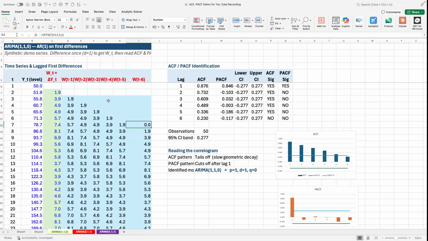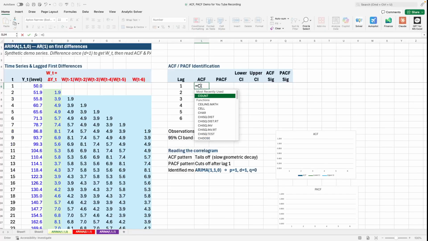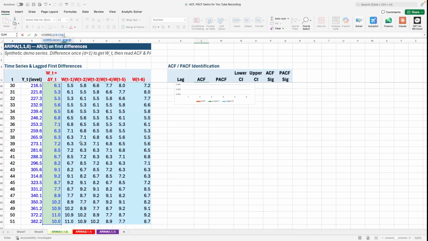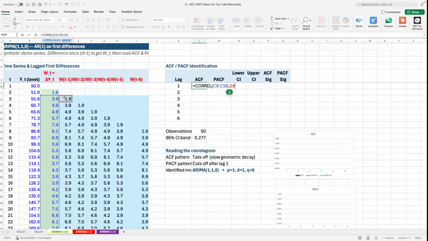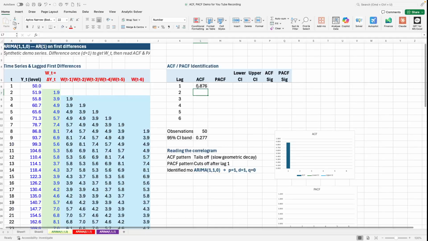Now we can first calculate the autocorrelation. Autocorrelation is simple Pearson correlation. We take the correlation between the differenced data and the lagged differenced data, and we get the correlation for the first lag.